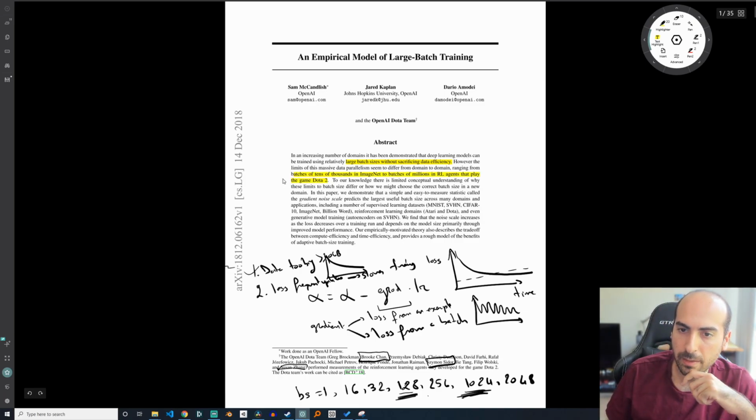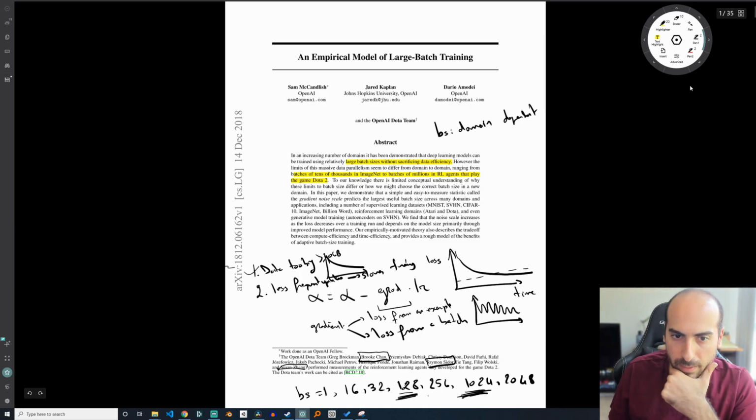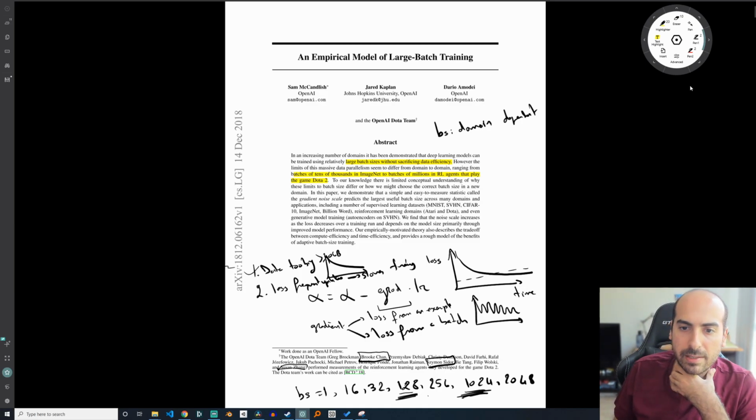So basically, batch size is domain dependent. So there's limited conceptual understanding of why these limits to batch sizes differ and how we might choose the correct batch size in a new domain.